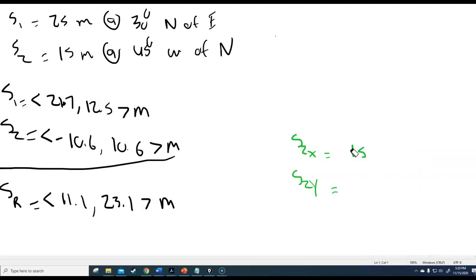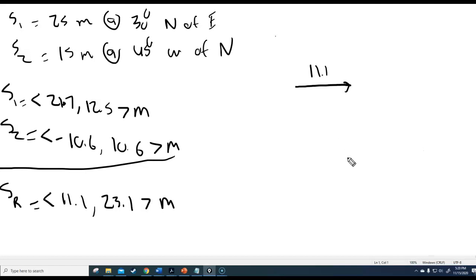Okay, so from here, the next thing we want to do is make sure that we sketch the components of the resultant correctly. What do I know about SR? Well, I know it has a positive x component, 11.1.